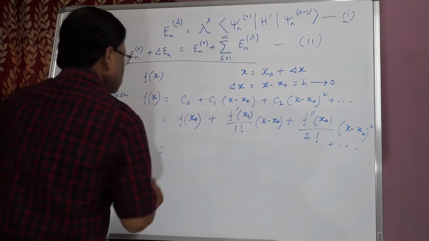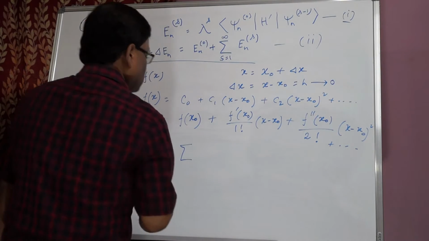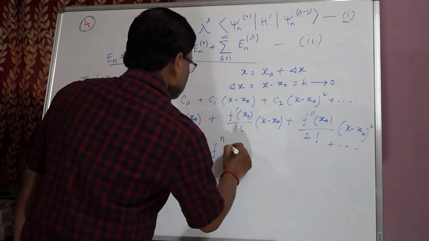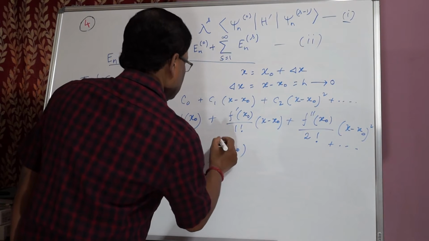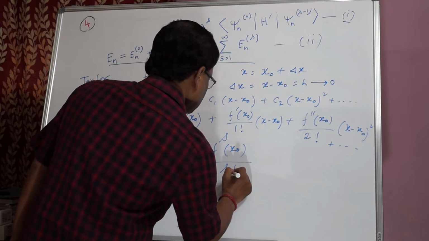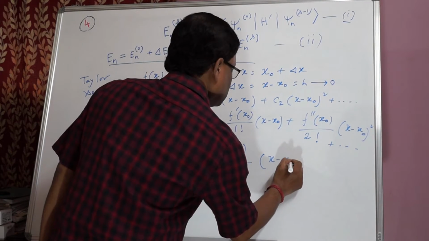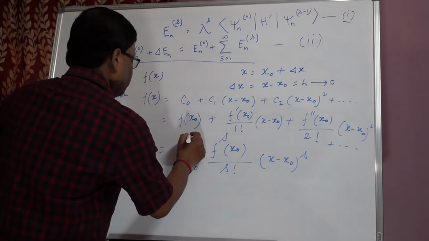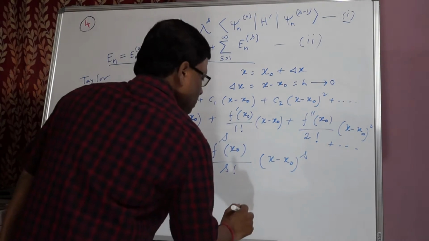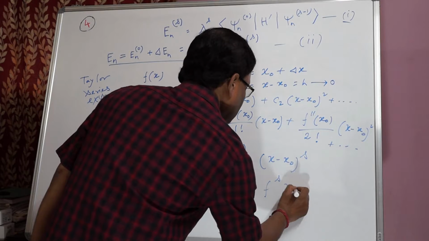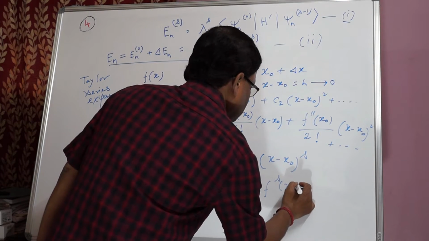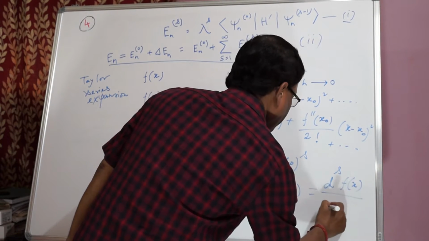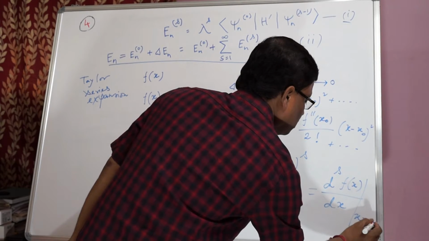So in summation, I can write this type: f^s(x0) by s factorial, (x minus x0) to the power s, s starting from 0 to infinity, where f^s(x0) is the s-th derivative at x equal to x0.